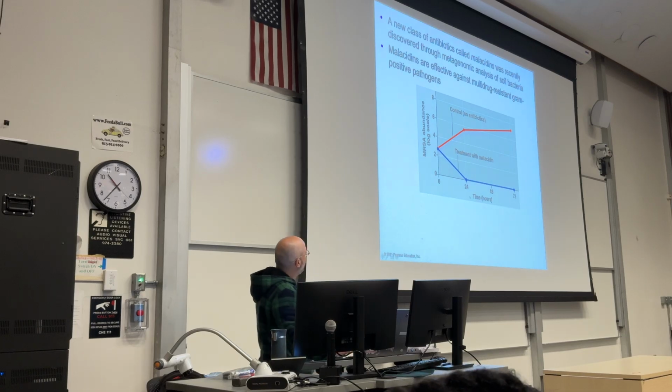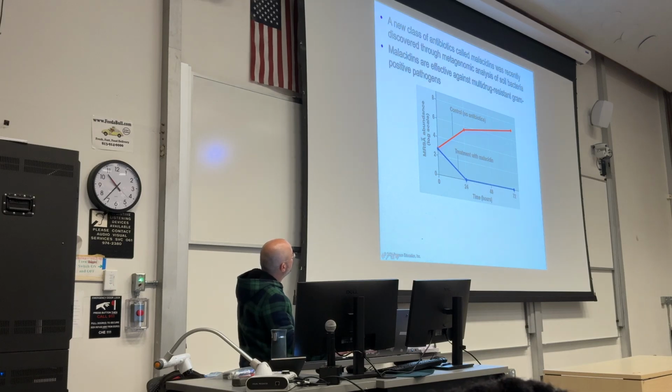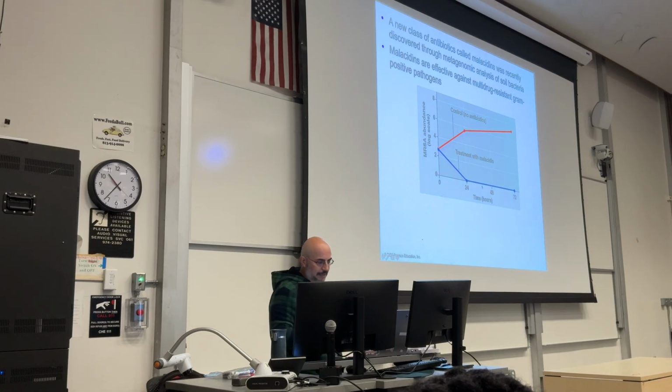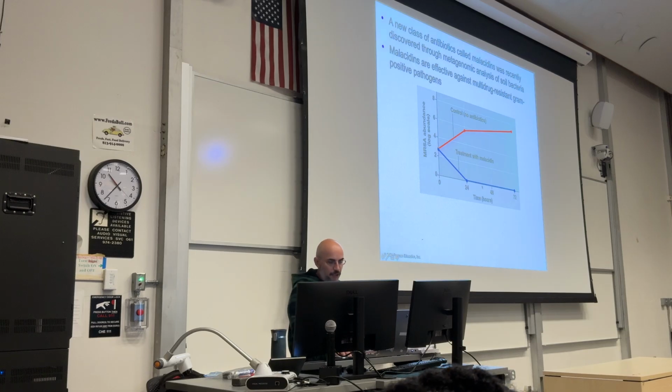So you can see here that when they used these malacidins in this experiment, right away after 24 hours, the bacterial infection was killed. And then the control, you can see when they were not using antibiotics, the difference in growth rate. So this is a new set of chemicals that can be very useful.